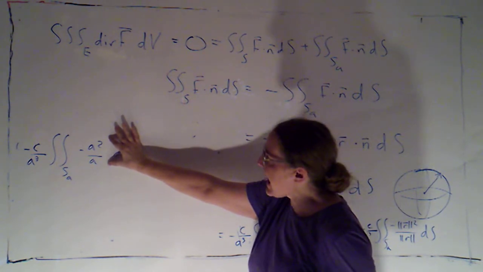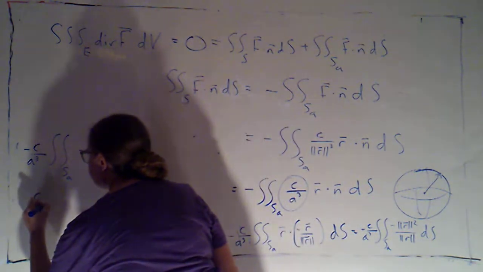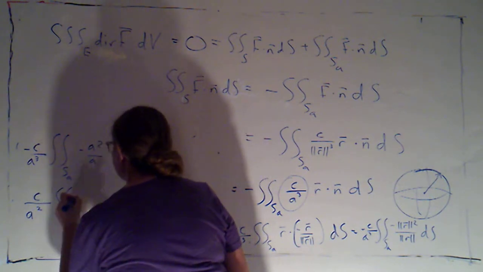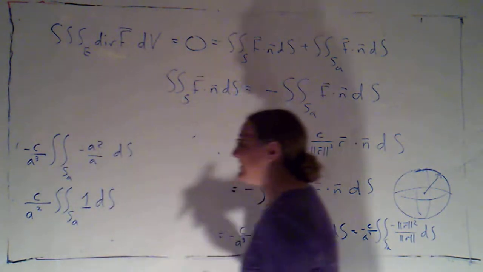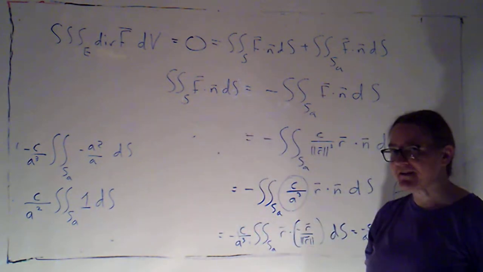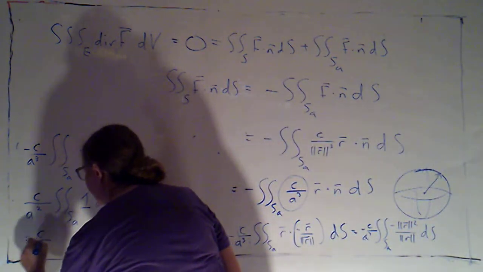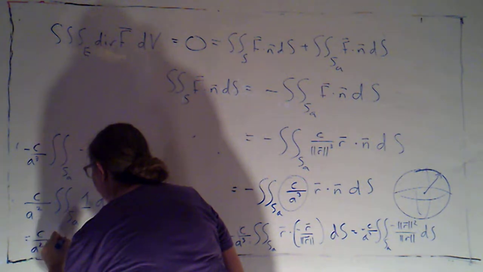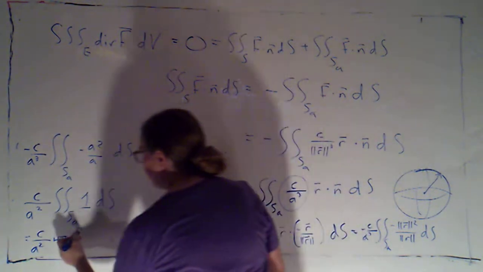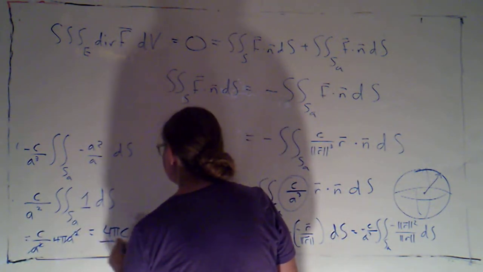And if it's a factor of A on the top, that's going to cancel with one of those. So I'm going to end up with C over A squared times the double integral over S sub A of 1 dS. But that's just the surface area of that sphere. Surface area of a sphere is 4 pi times the radius squared. The radius squared will cancel, and I've got 4 pi C.